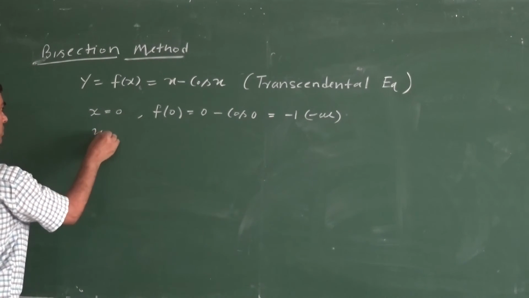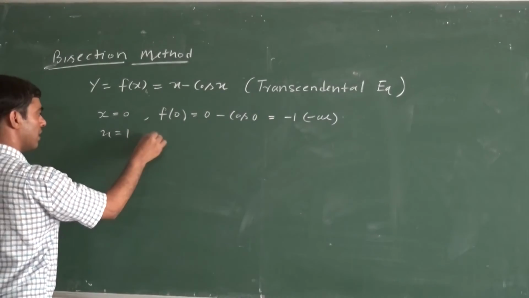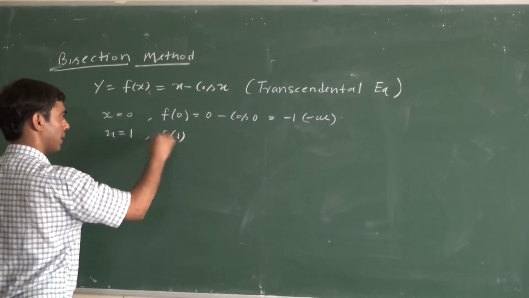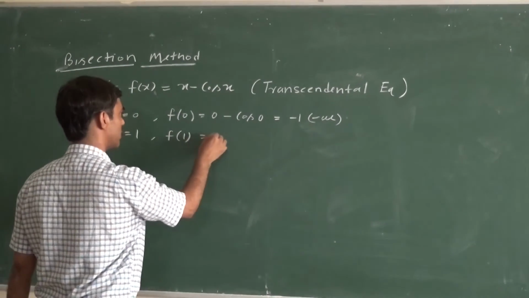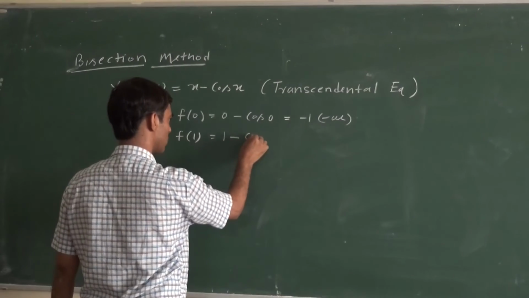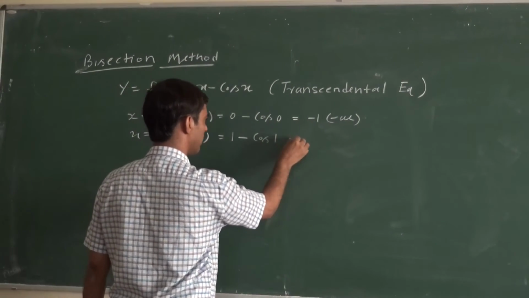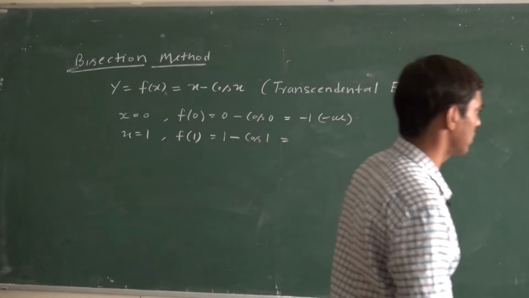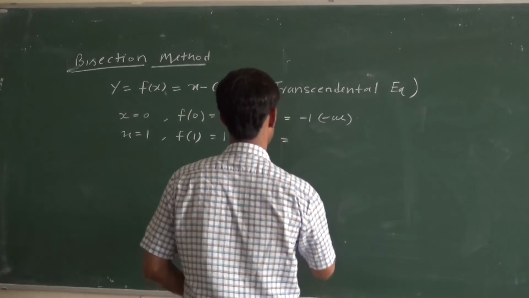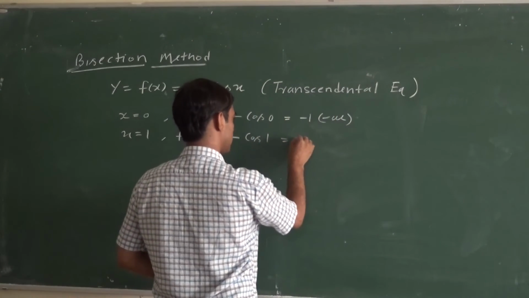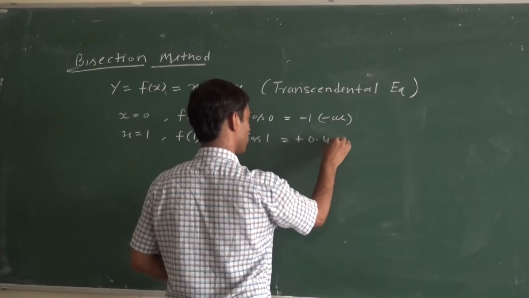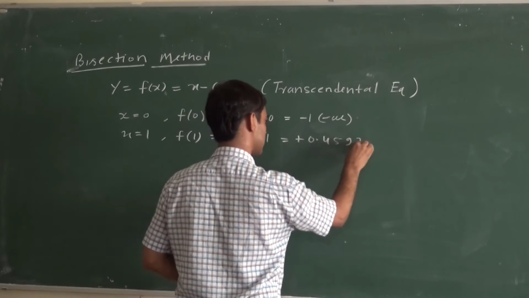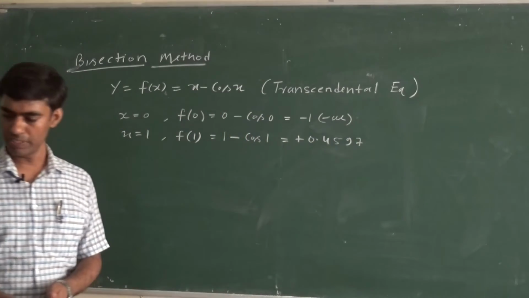So at x equal to 1, f of 1 is 1 minus cos of 1. The value of this is about plus 0.4597.